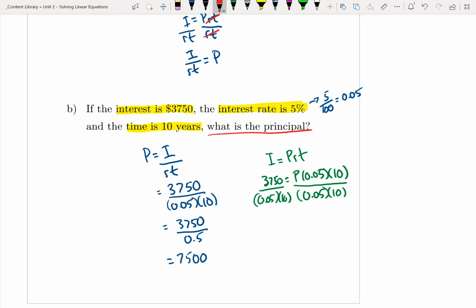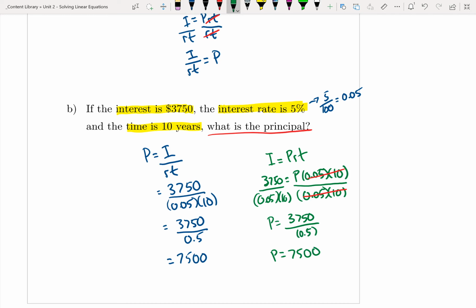We want to get p by itself, so we're dividing both sides by 0.05 times 10, do it to the other side, so then we get p equals 3,750 divided by 0.5, we get p equals 7,500.